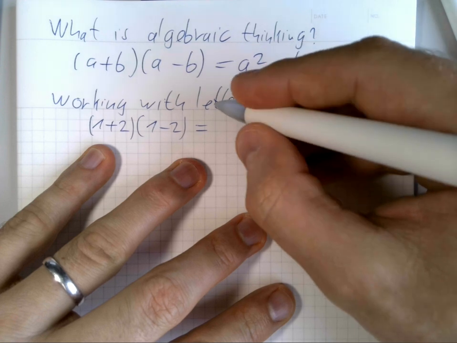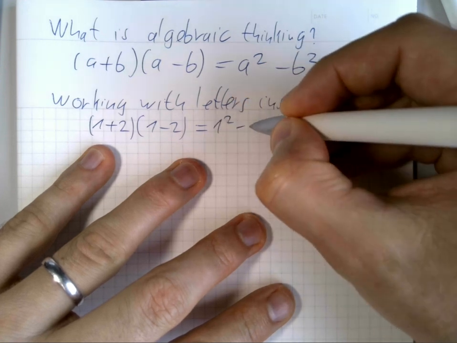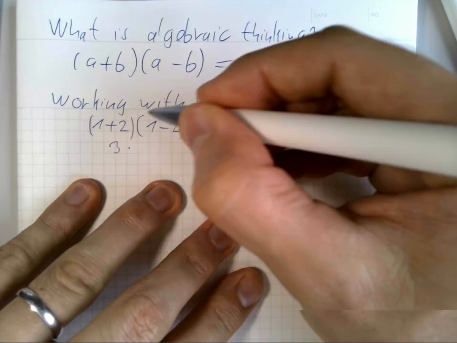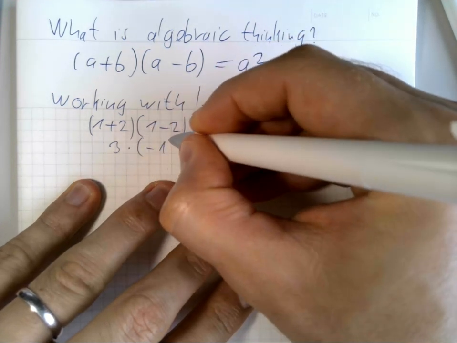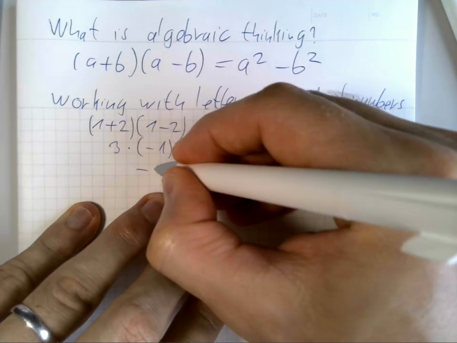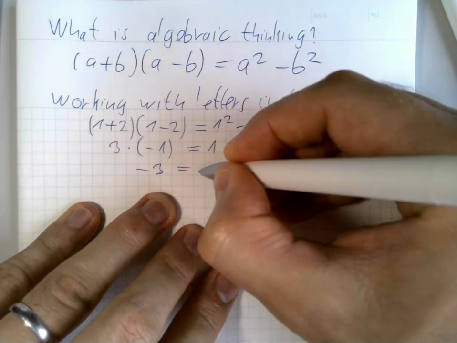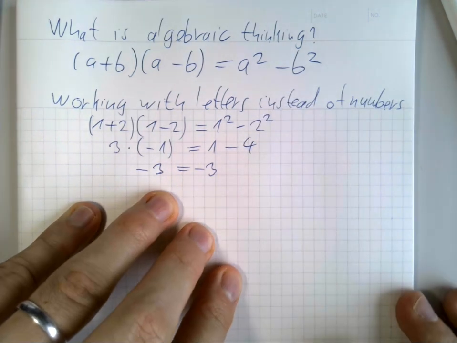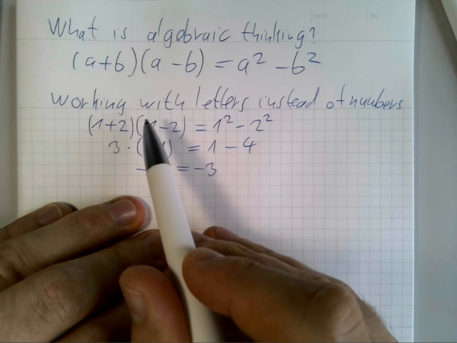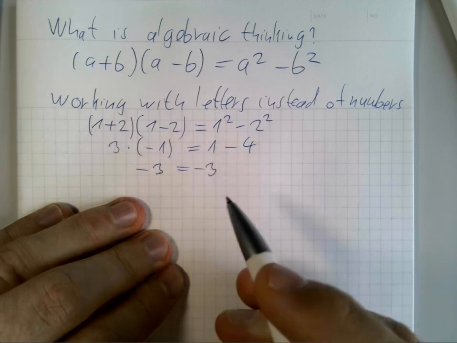It's 1 squared minus 2 squared. So this is 3 times negative 1, and this is 1 minus 4, so this is negative 3, and this is negative 3 as well. So this is certainly a true statement.